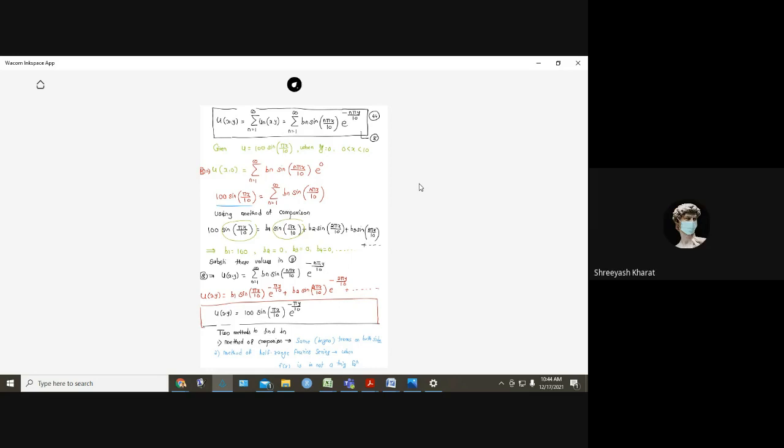Have you understood this step? b1 equal to 100, b2 equal to 0. That you understood? That I substituted here.